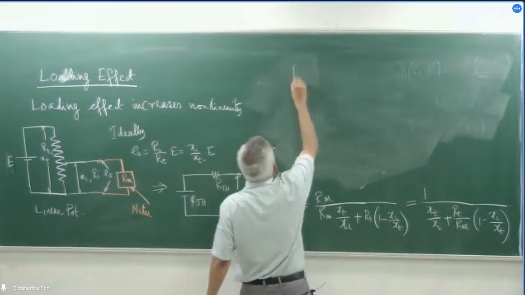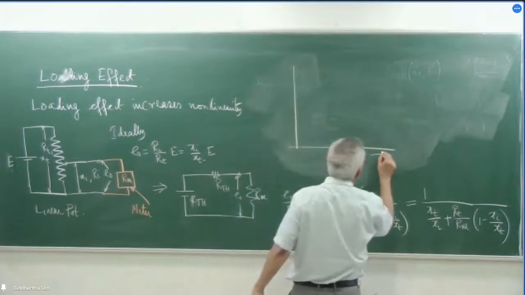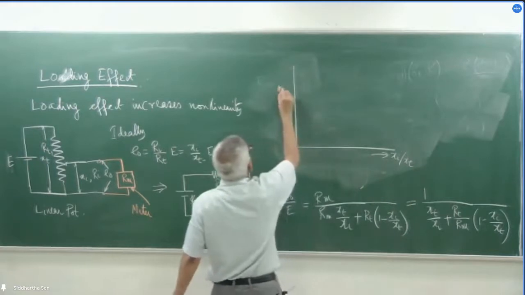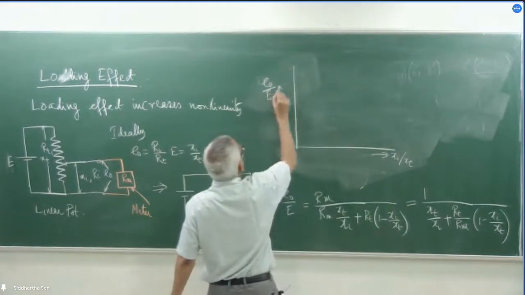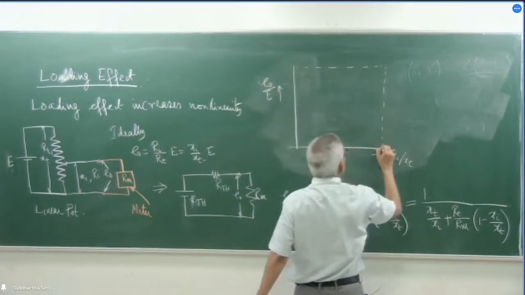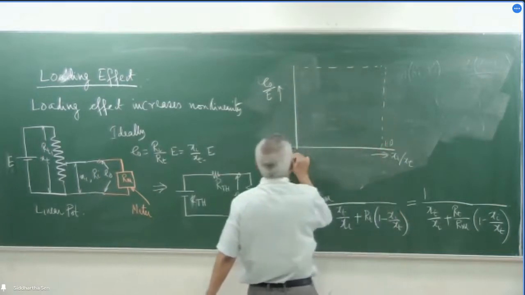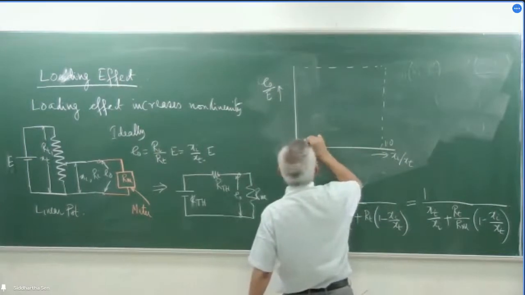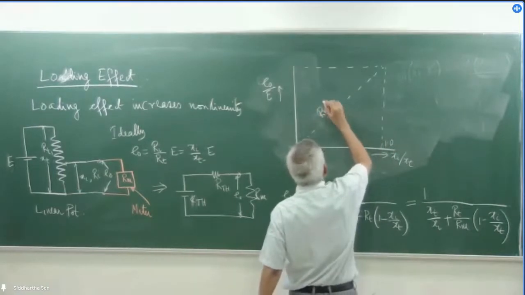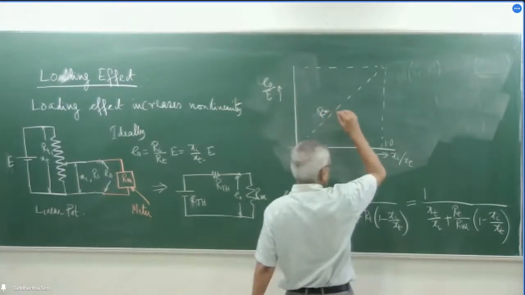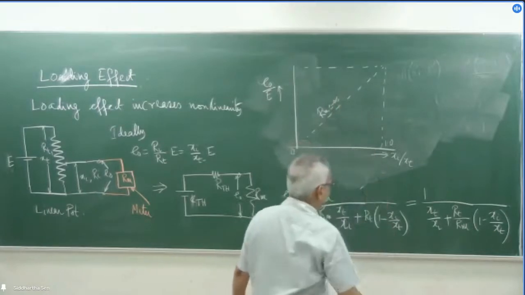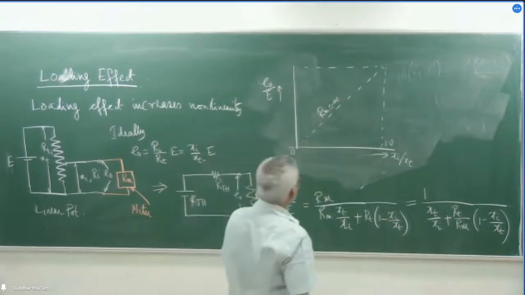If Rm is going to be infinity, what will happen? I make the characteristics Xi by Xt, and here E0 divided by capital E. Here Rm is approximately, say I call it infinity, very high, or rather RT by Rm is equal to 0.